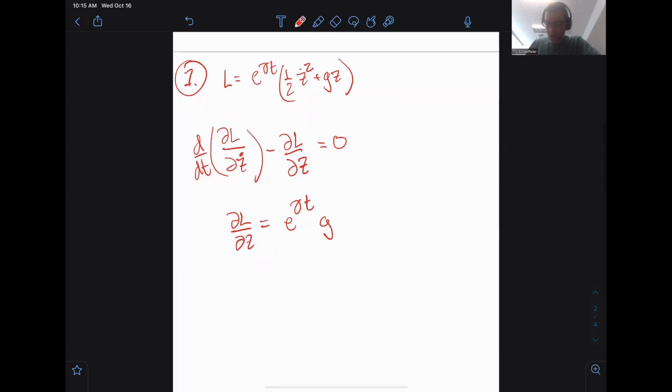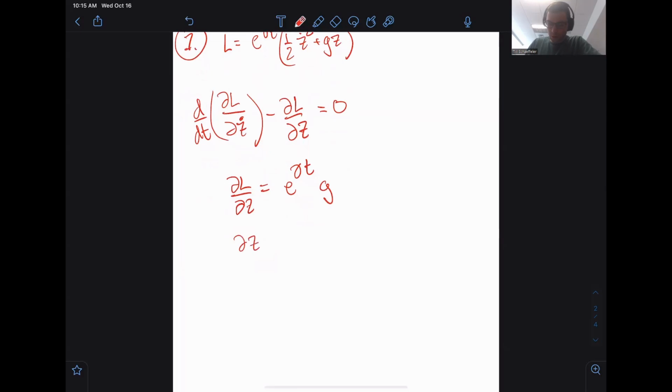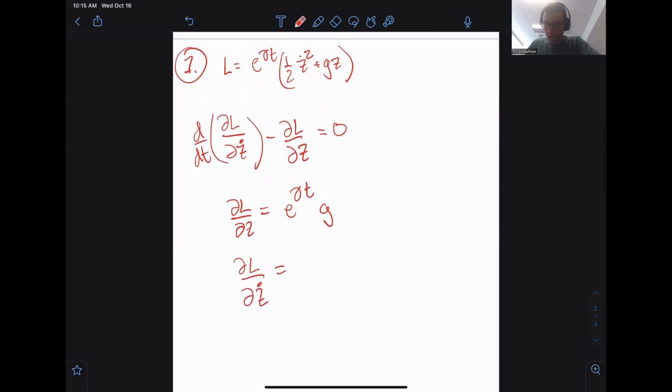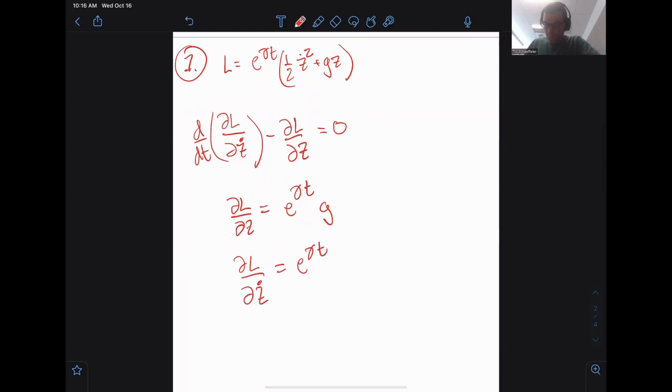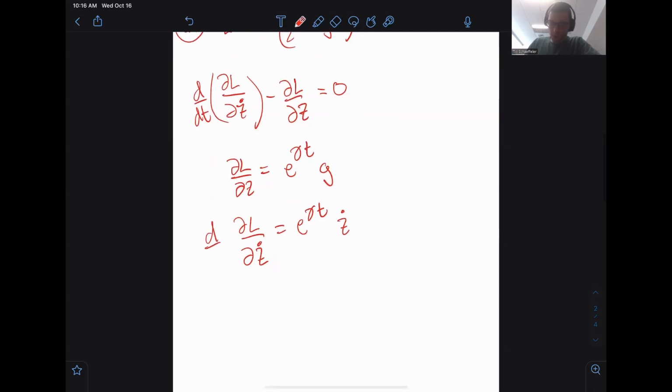times g, and the partial derivative of L with respect to z dot is equal to, and then we have to take the time derivative of that.